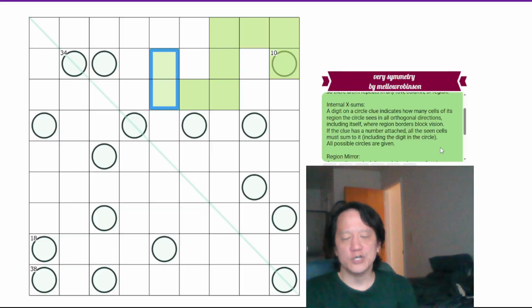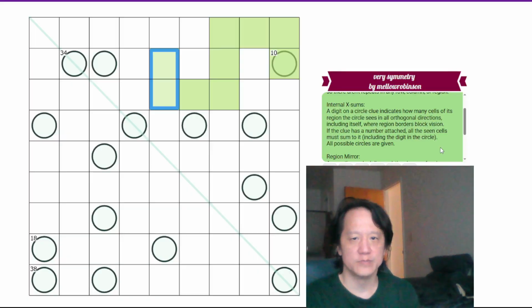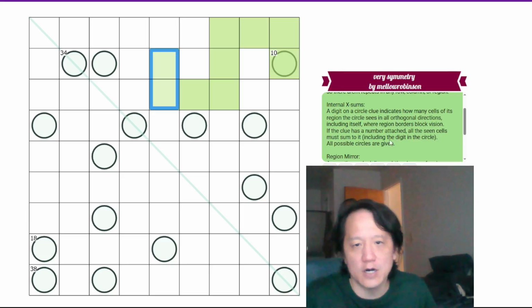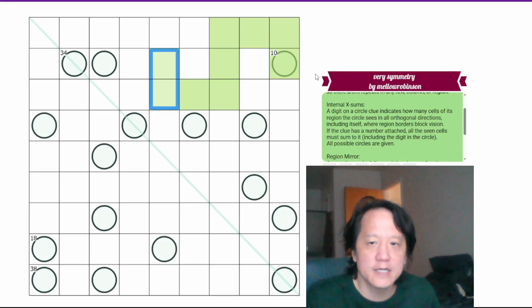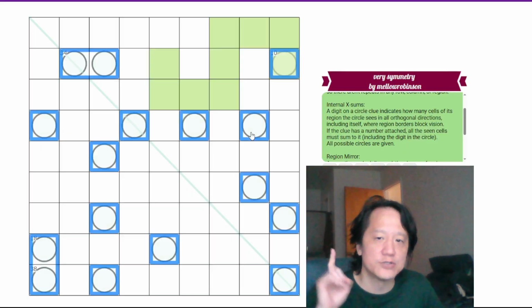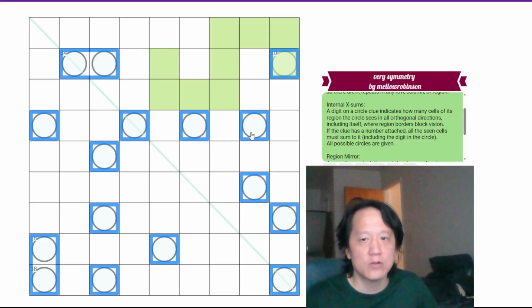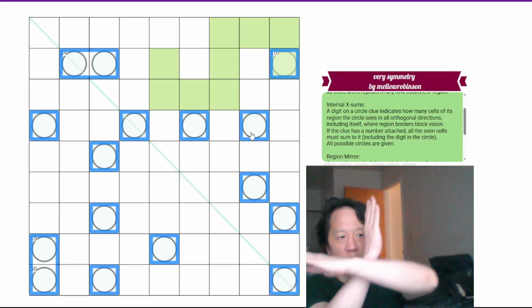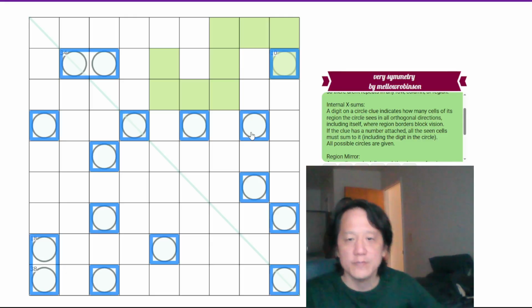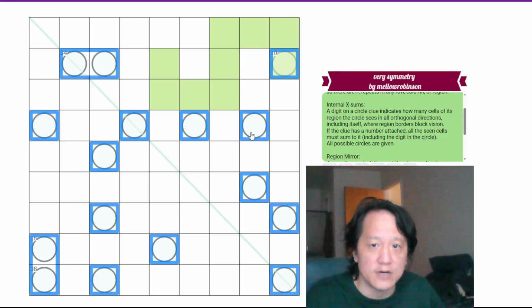The next rule is internal xsums, where the digit on a circle clue indicates how many cells of its region the circle sees in all orthogonal directions, which means just horizontally and vertically, including itself, where region borders block vision.